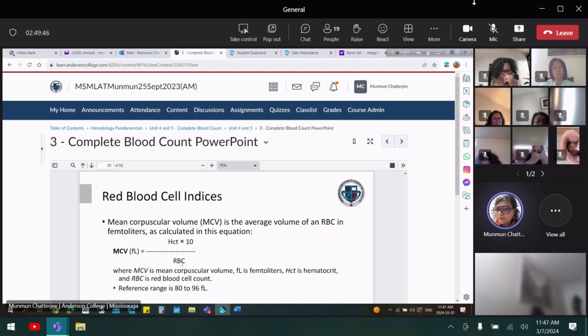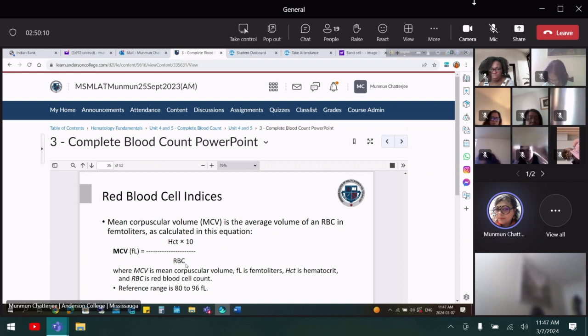These all come as calculated values from the automatic analyzer, but they can ask you how. They may give you the MCV and hematocrit values and ask you to calculate the RBC, or they may give you the hematocrit value and RBC number and ask you to calculate the MCV.